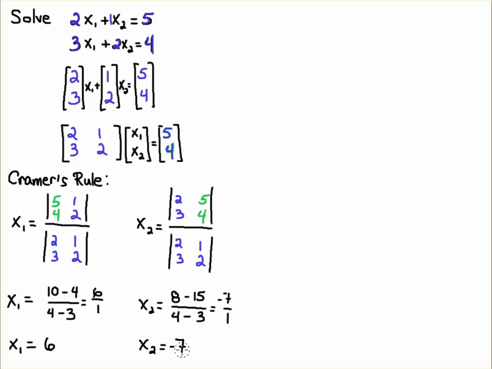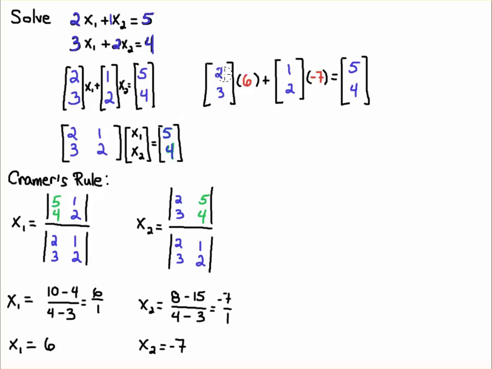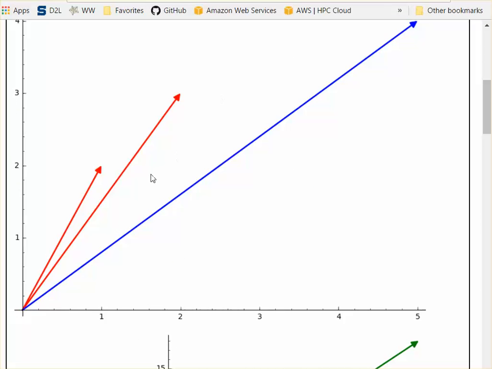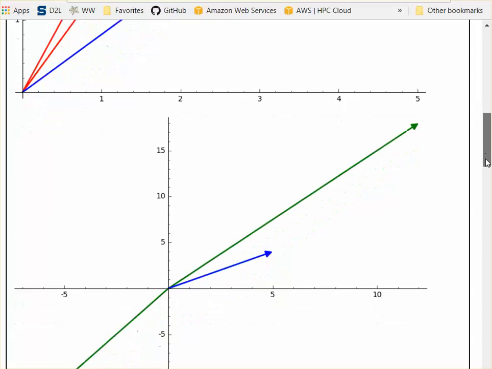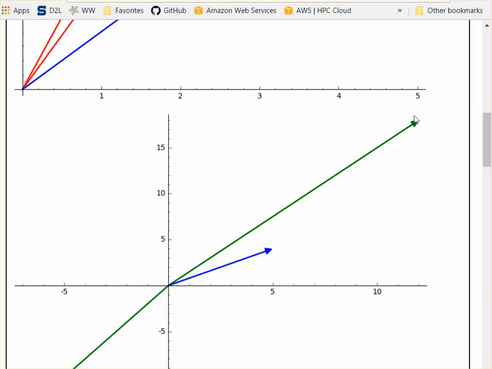So what this is telling us is this linear combination here. If we scale the vector 2, 3 by 6, so if we take this vector 2, 3 here, multiply it by 6 and stretch it out, we get the vector 12, 18. So that's stretching the vector 2, 3.